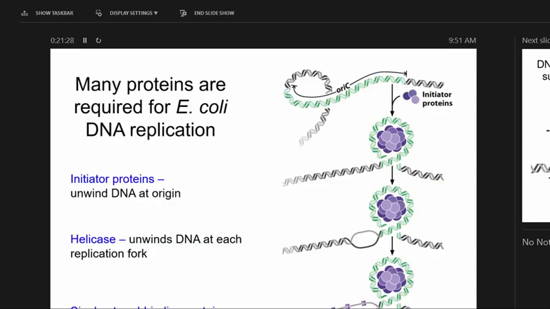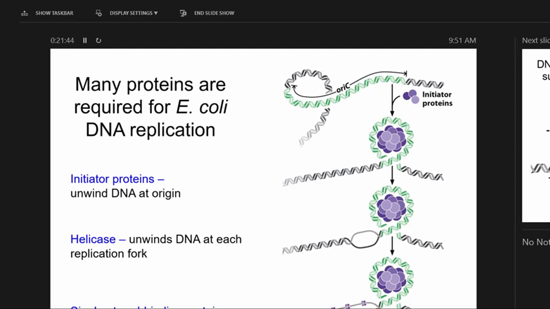All right, so let's talk about all the proteins that are involved here. The first thing we're going to talk about are initiator proteins.